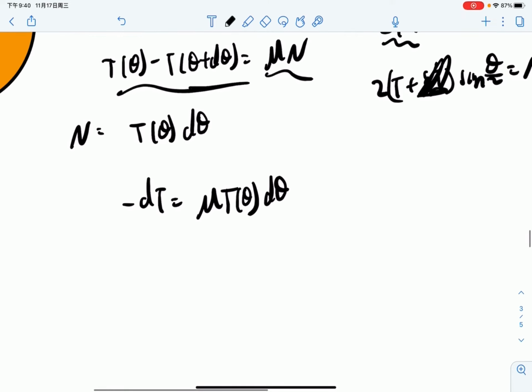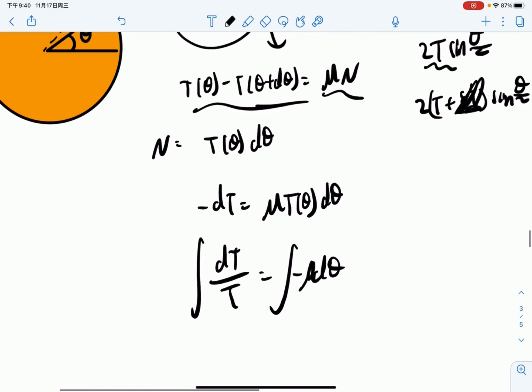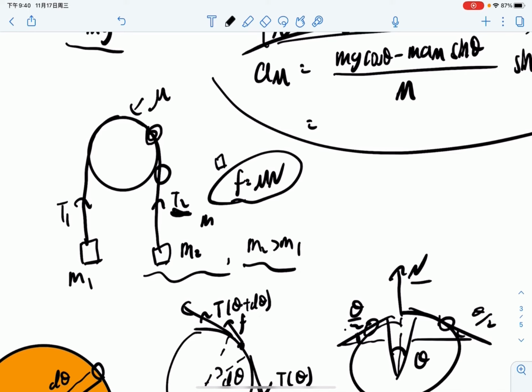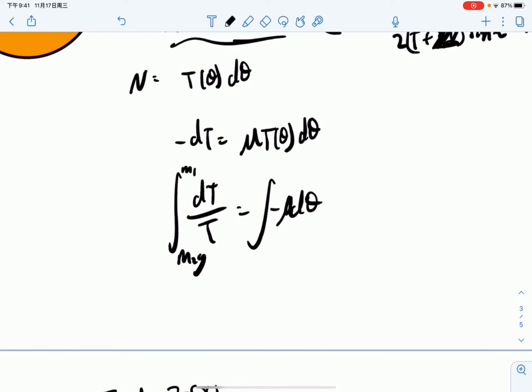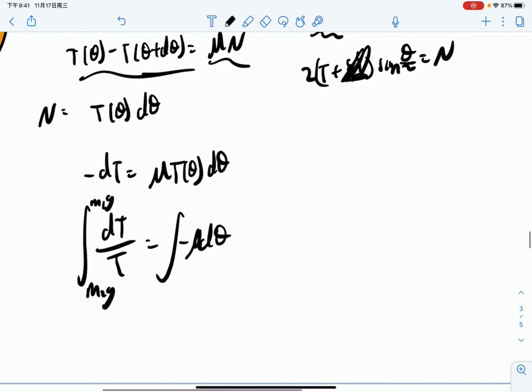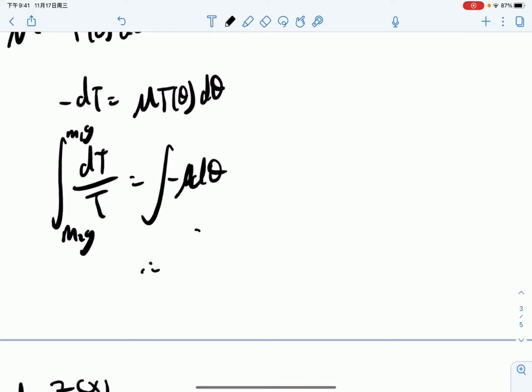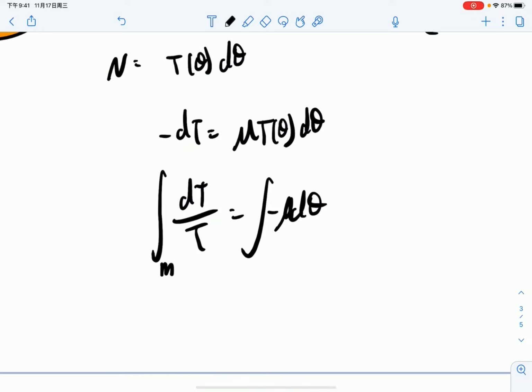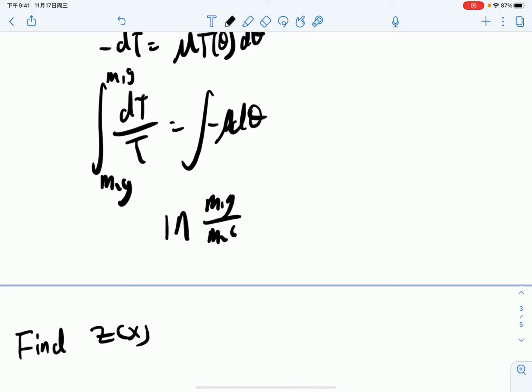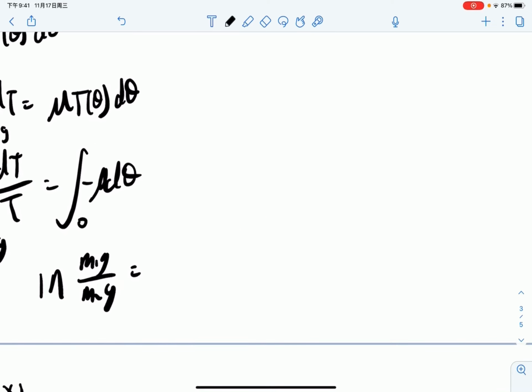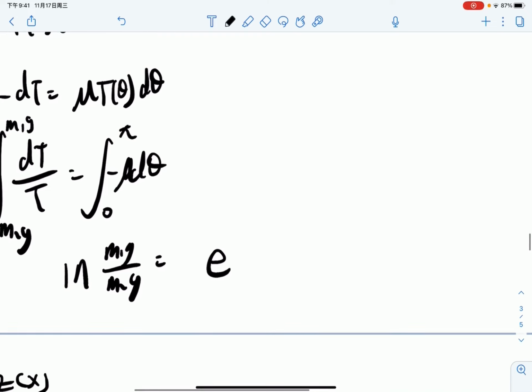Okay, and now if we divide both sides by T and multiply by d theta mu, and take the integral, from T2 equals m2g to T1 equals m1g, so from m2g to m1g, and theta from 0 to pi, just mu pi.